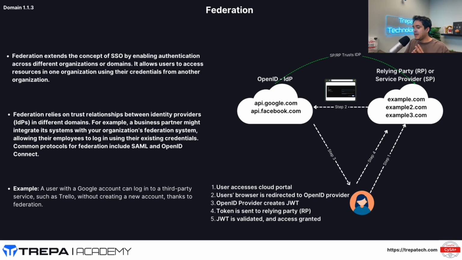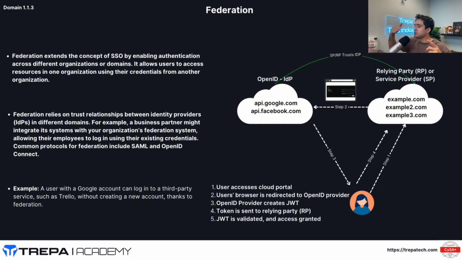Those are the four major ones that allow you to have what's called a relying party or service provider. They have that already established trust with an IDP, and when you try to access that relying party or service provider, they're going to use one of those federation protocols like OpenID or OAuth 2.0.